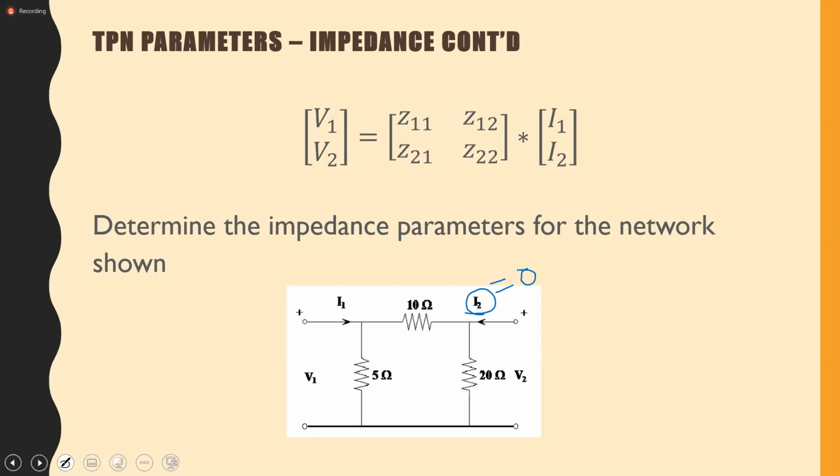So what I am left with, or what you'll be left with, is I1, V1, and V2. And what we therefore need to find are the relationships between I1 and V1. So the relationship between I1 and V1 would give us Z11. The relationship between V2 and I1 would give us Z21.